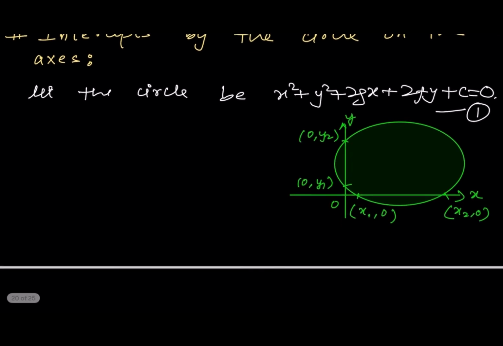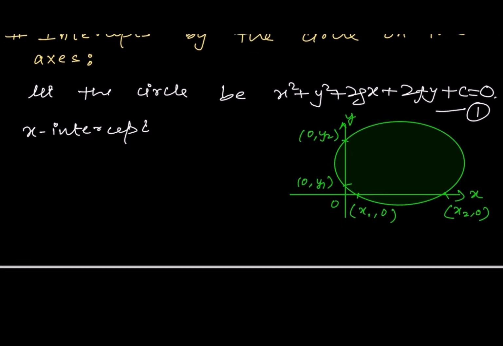So x-intercept I am denoting as Ix, which is mod of x2 minus x1. We are taking mod as it is always positive or non-negative. Intercept may be 0. So this is Ix. Similarly, this is Iy.